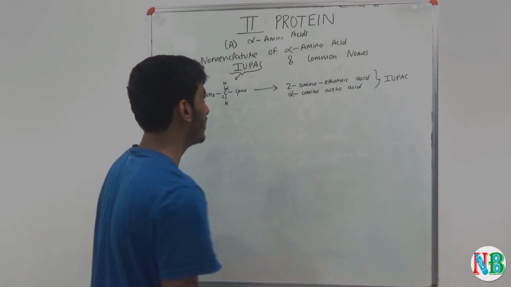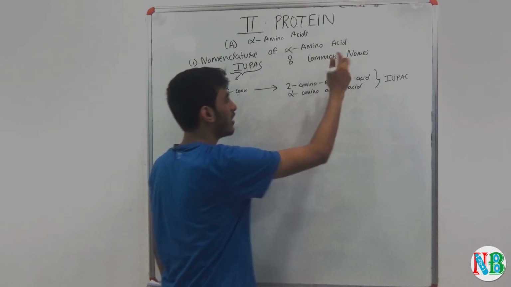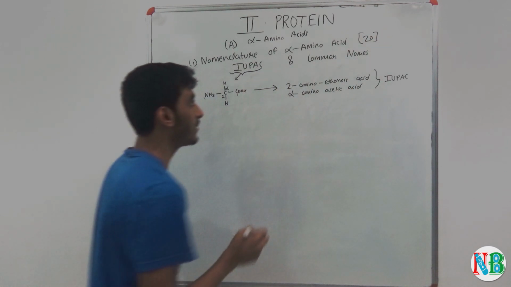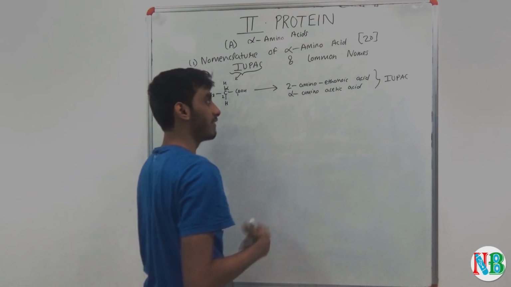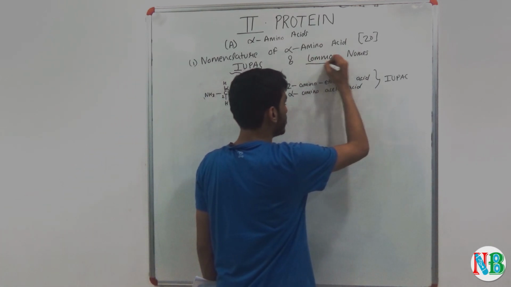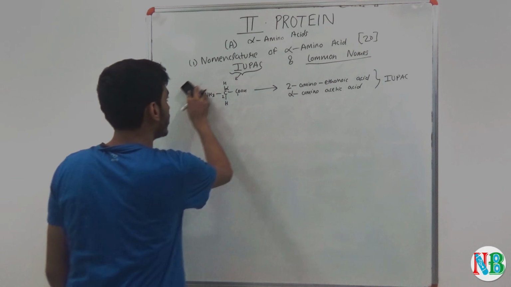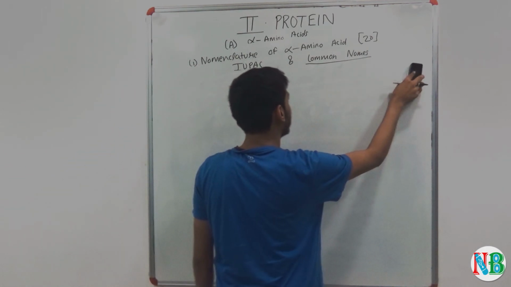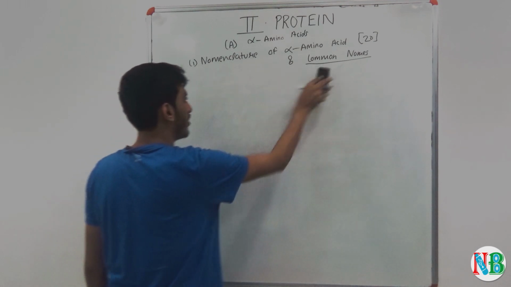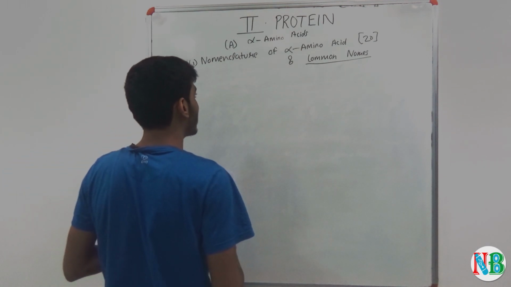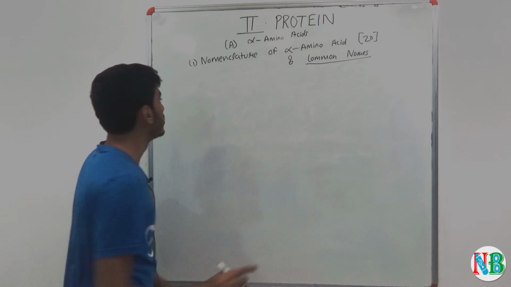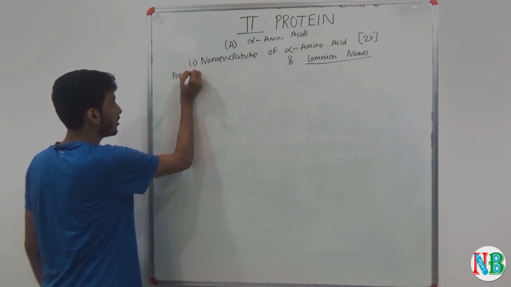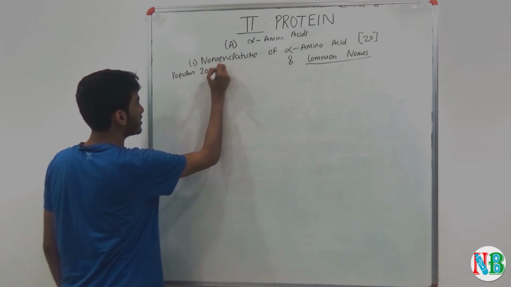As I have said earlier, for these alpha amino acids you have to learn about only 20 important amino acids. These 20 important amino acids are referred to by their smaller names or common names. So for amino acids, you don't use the long names, you use the short names. Let's write all of them. Over here I am going to write the popular 20 amino acids.